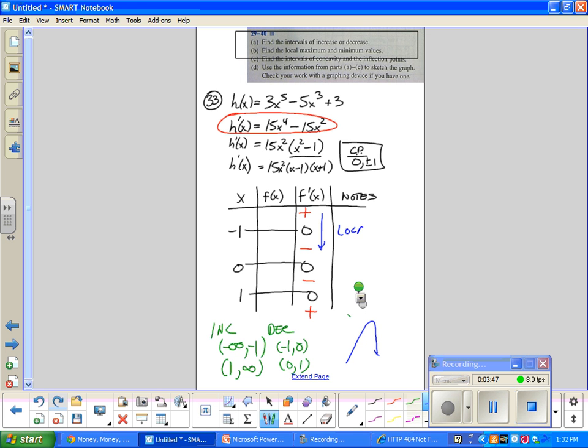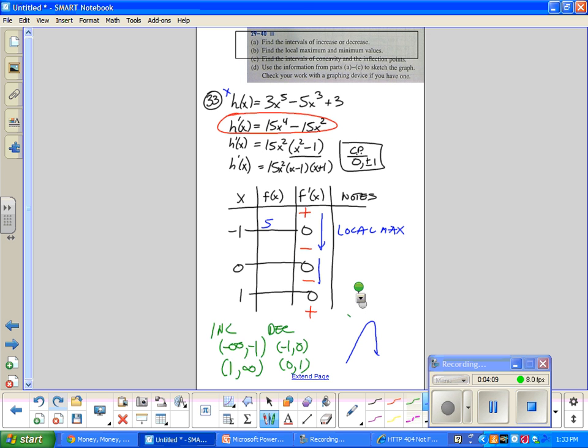That's a local max by the first derivative rule. If I want to know the value at negative 1, I can plug it back into my original function. h of negative 1: negative 3 plus 5 is 2, 2 plus 3, so there's a value of 5 here. So there's a local max of 5 at negative 1.